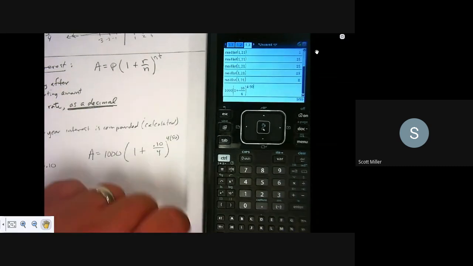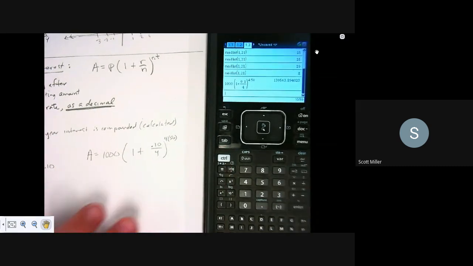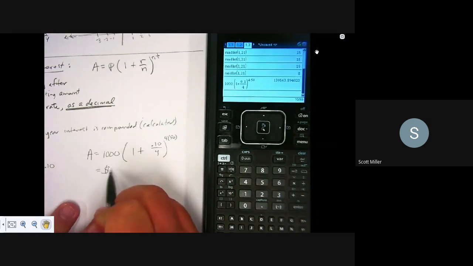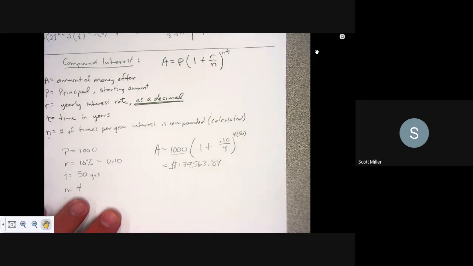So there it is typed in. Control and enter gives me a grand total of 139,563.89. So that means your $1,000 investment will grow to $139,563 roughly in the course of 50 years. So that's a pretty good investment right there.